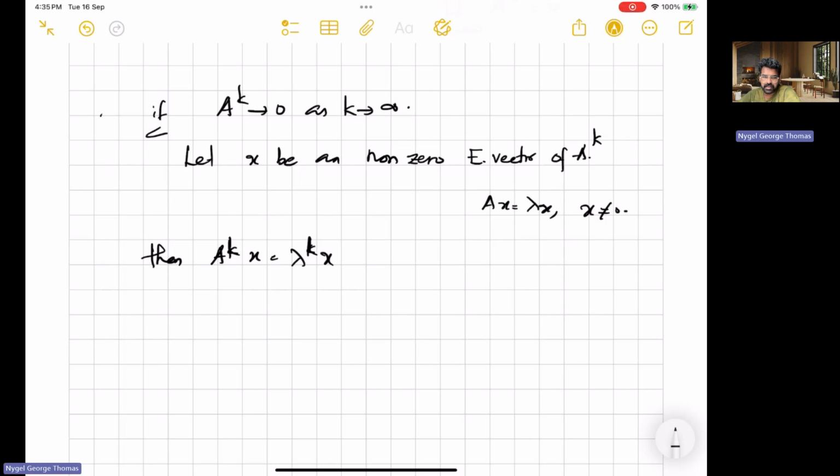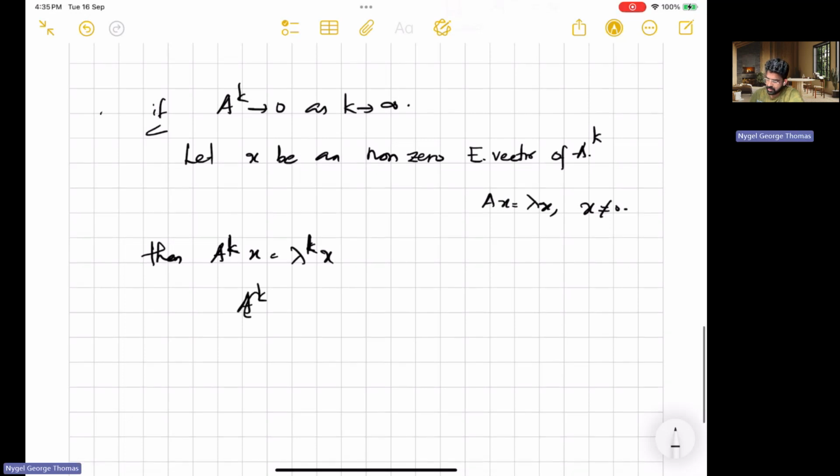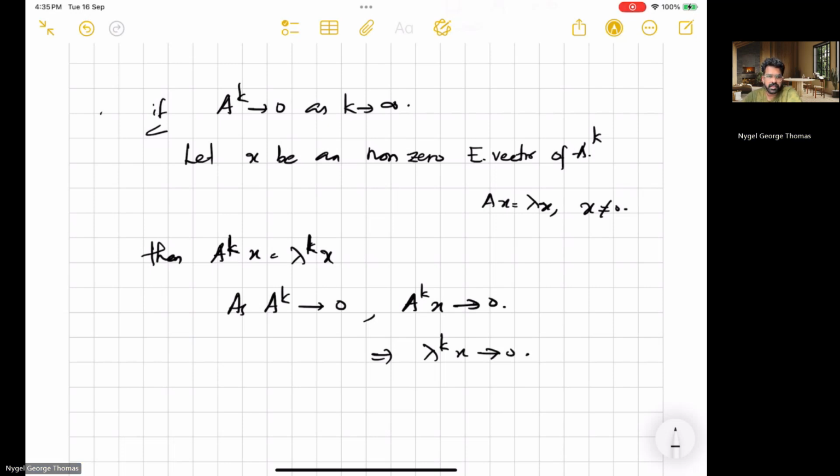Now, what is given here is, since A raised to k tends to 0, A raised to k x also will tend to 0, which implies lambda raised to k x also tends to 0. Right?